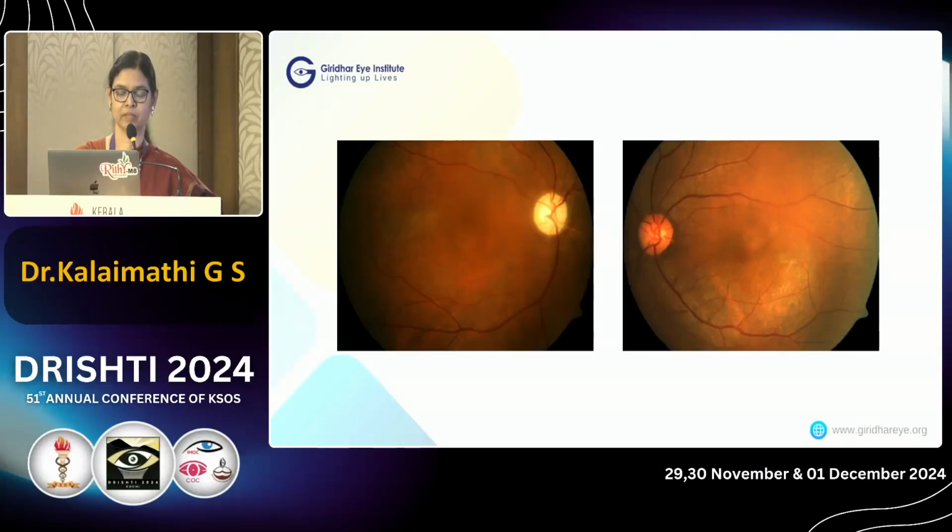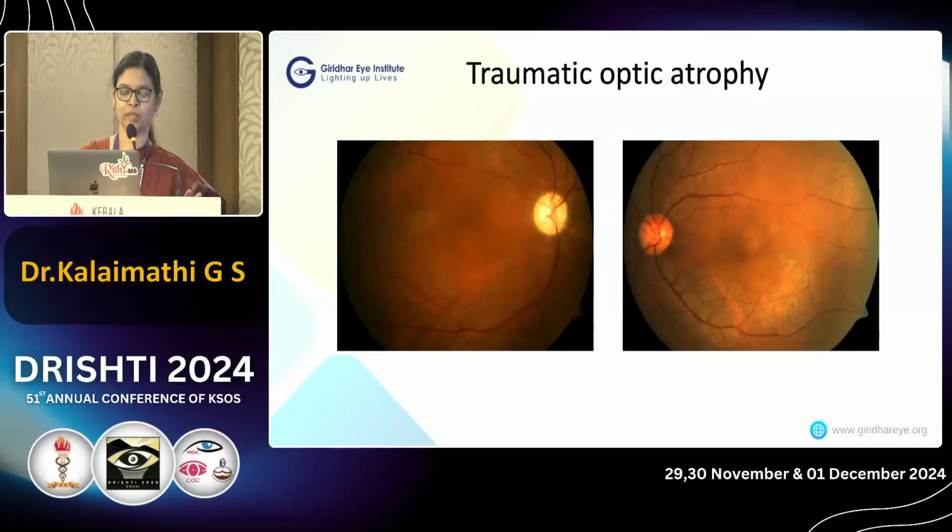This is the fundus picture. Again, this is right eye optic atrophy. This is primary optic atrophy because there was no previous disc edema, and the pathology is behind the disc. From the history itself we can make out it's a clear-cut case. This is a traumatic optic atrophy.